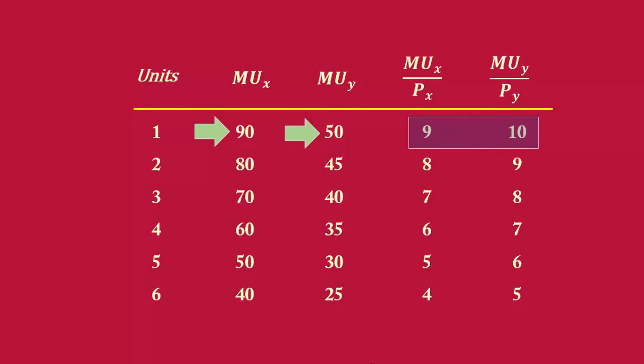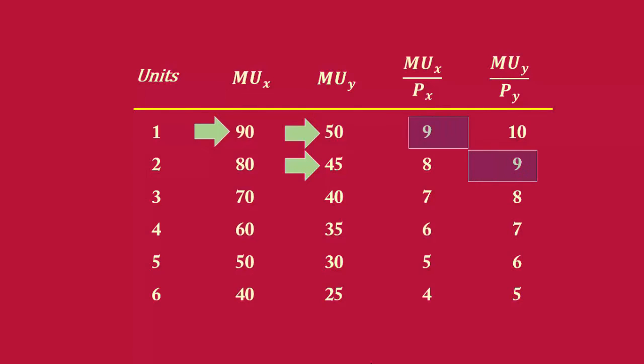Marginal utility of Y divided by price of Y is greater than marginal utility of X divided by price of X. He has to reduce the marginal utility of 1 unit of money spent on good Y. So he has to consume more of good Y. He consumes the second unit of good Y. The new combination consists of 1 unit of good X and 2 units of good Y. He compares MUX by PX and MUY by PY.